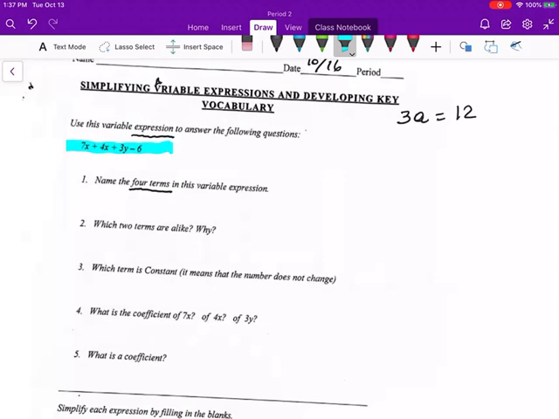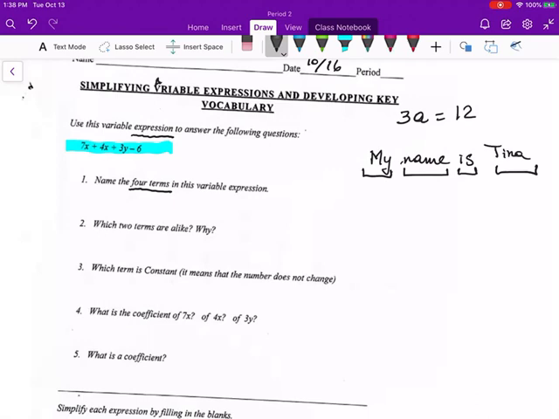Well, now let me tell you what terms are. In English, we have words. So I can say, for example, my name is Tina. How many words are here? We know there's 1, 2, 3, and 4.